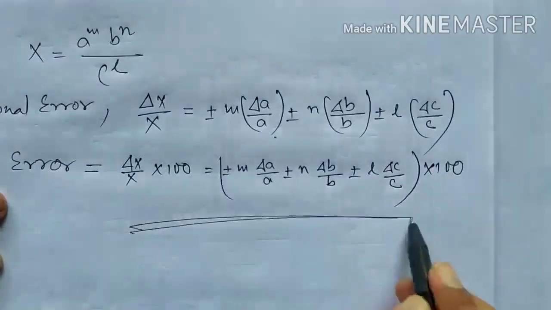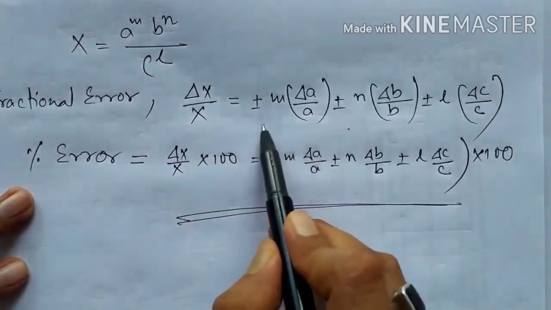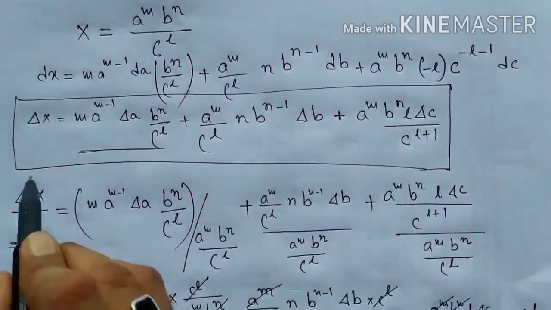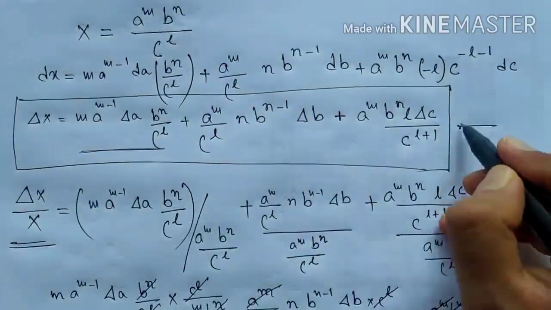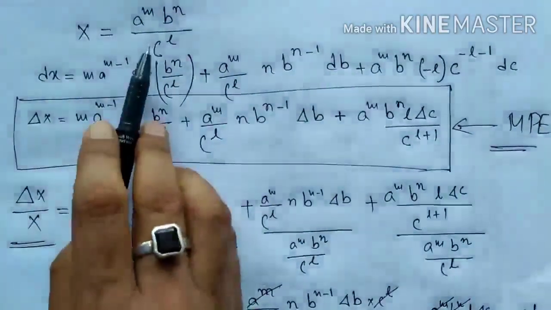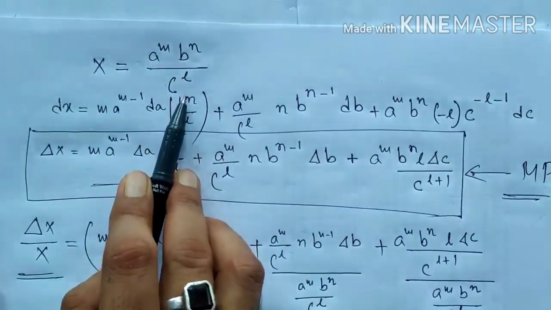So this is the expression of percentage error, this is the expression of fractional error, and this is the expression of maximum permissible error when x is represented by the form a to the power m b to the power n by c to the power l.